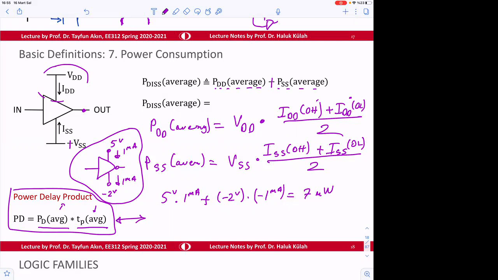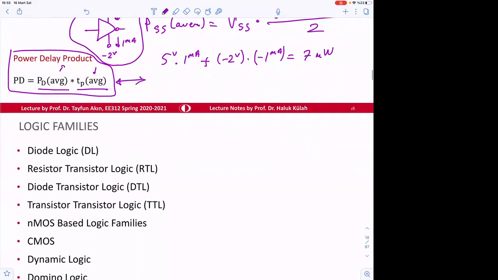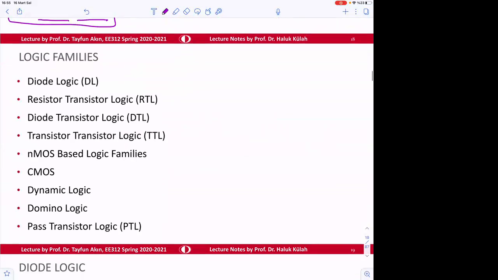Or when I say technology, topologies. We'll be seeing different logic gates and logic families, and when we compare them in terms of performance, it is better to look at the power delay product instead of just the delay or power dissipation.